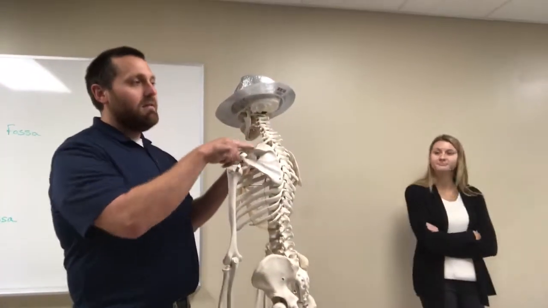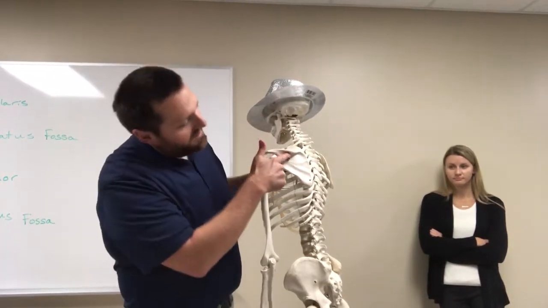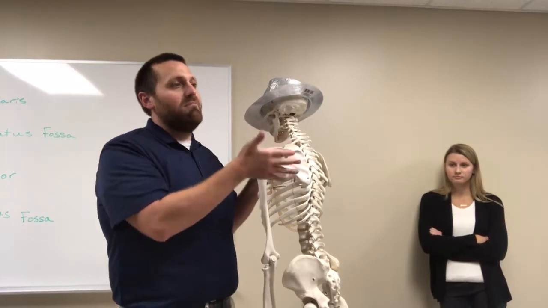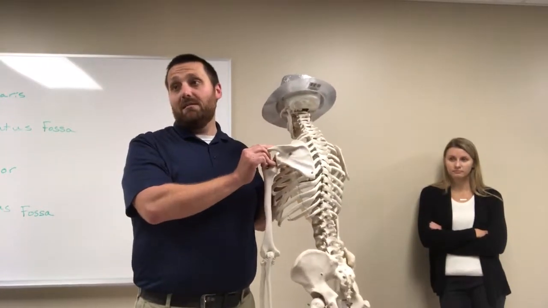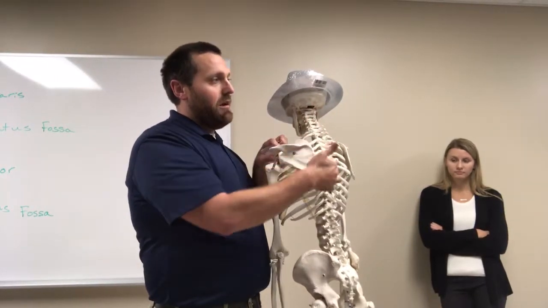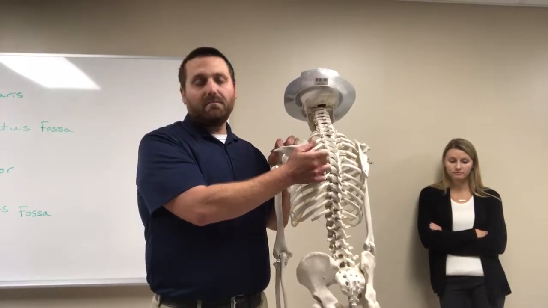Spine of the scapula, okay. Supraspinatus fossa, all right. Infraspinatus fossa, all right. So it's just that hole that sits above and below the spine of the scapula. Does that make sense? And the subscap is going to be in front of the scapula, okay?